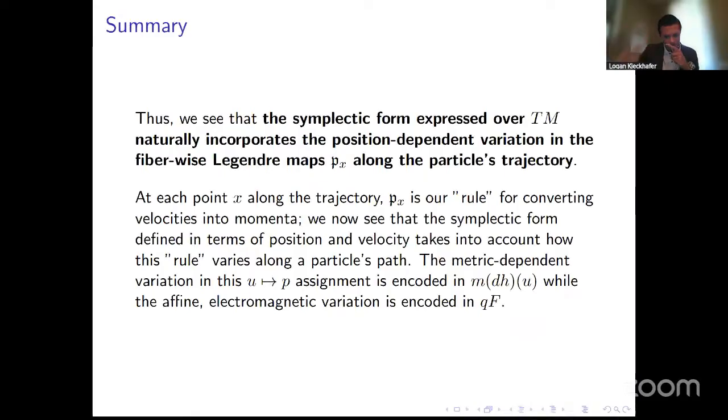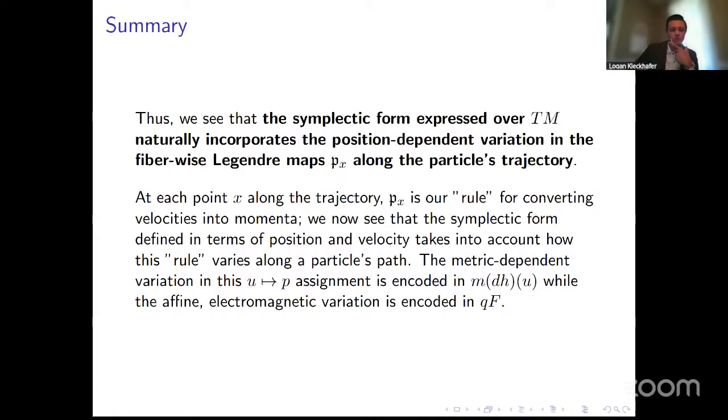So the punchline is that the symplectic form expressed over the tangent bundle instead of the cotangent bundle naturally incorporates the position-dependent variation in the Legendre maps. At every single point along a trajectory, this Legendre map is our rule for converting velocities into momenta.